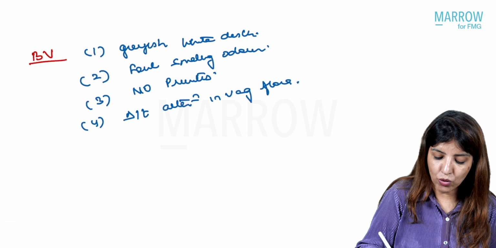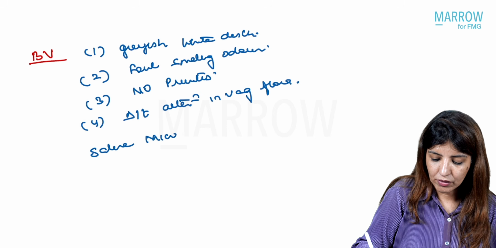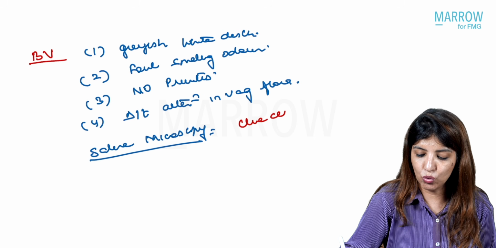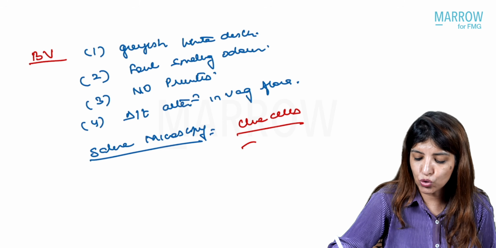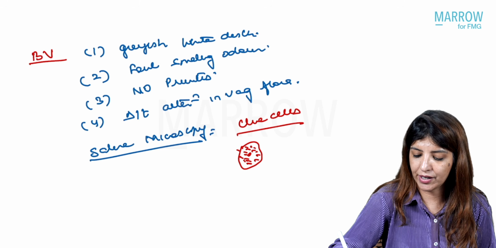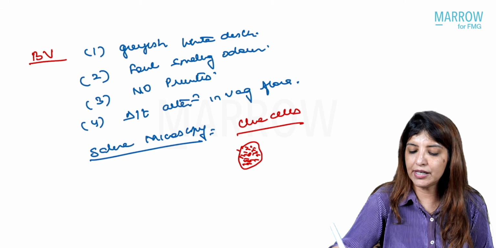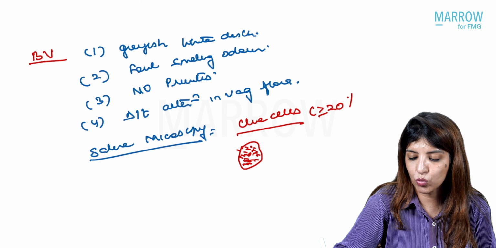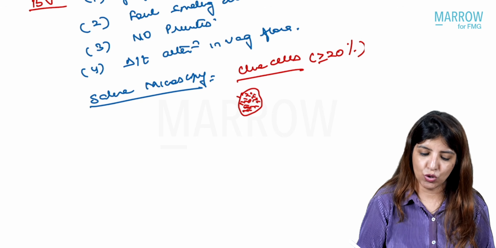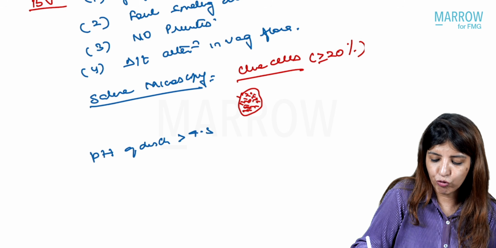Then when you do saline microscopy, you are going to get clue cells. What are clue cells? Clue cells are vaginal epithelial cells to which the bacteria are adhered, and clue cells will be more than or equal to 20%, right? Then in case of bacterial vaginosis, the pH of the discharge again is more than 4.5.